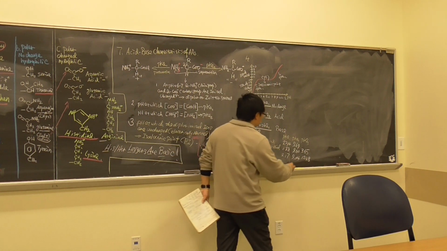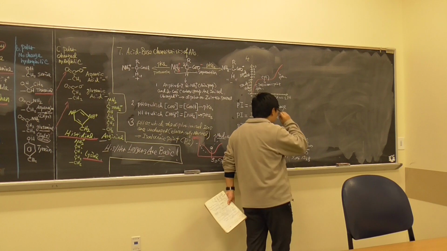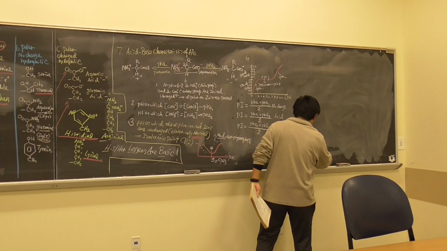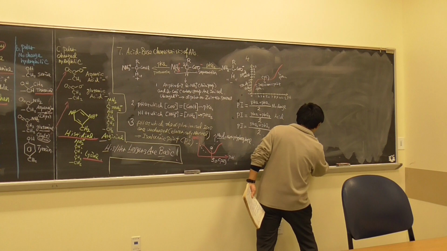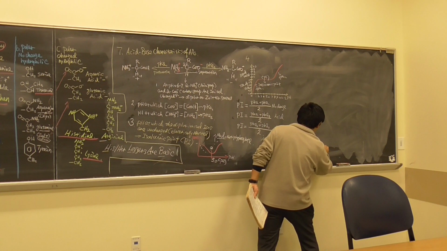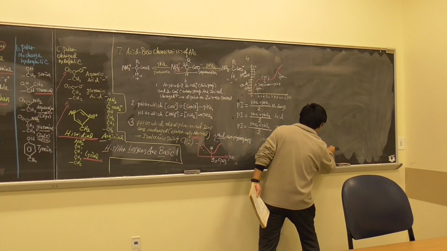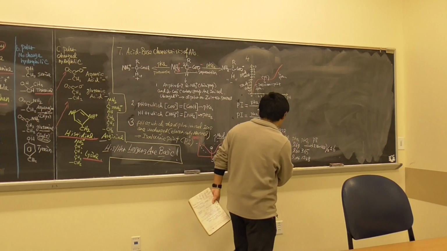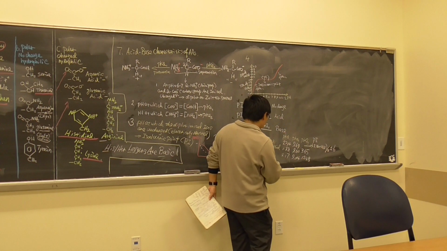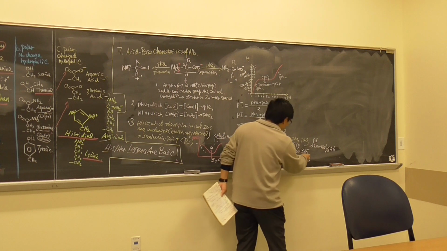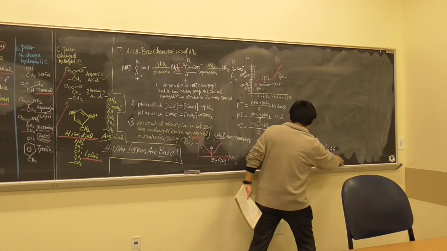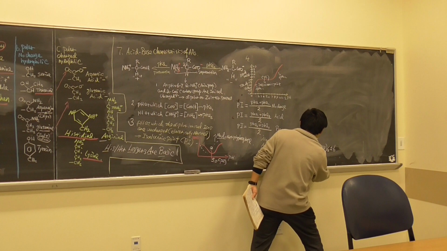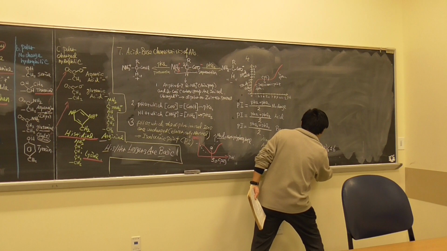For alanine, it's simple. The final pI value is 2.34 plus 9.69 divided by 2. That's approximately 6. For aspartic acid, you have to add these two, 1.88 plus 3.65 divided by 2.